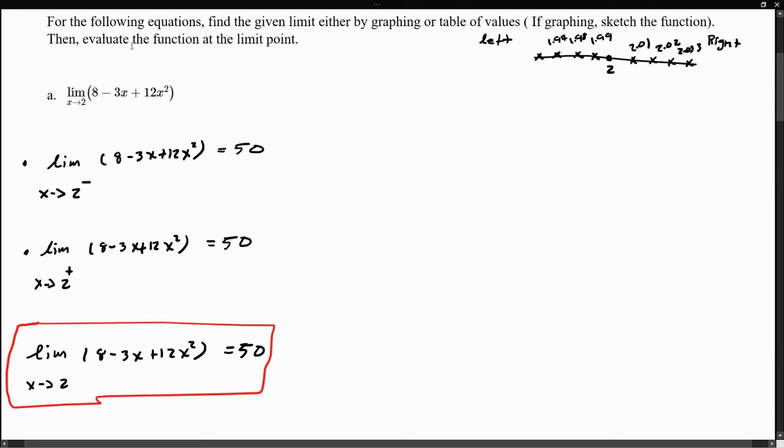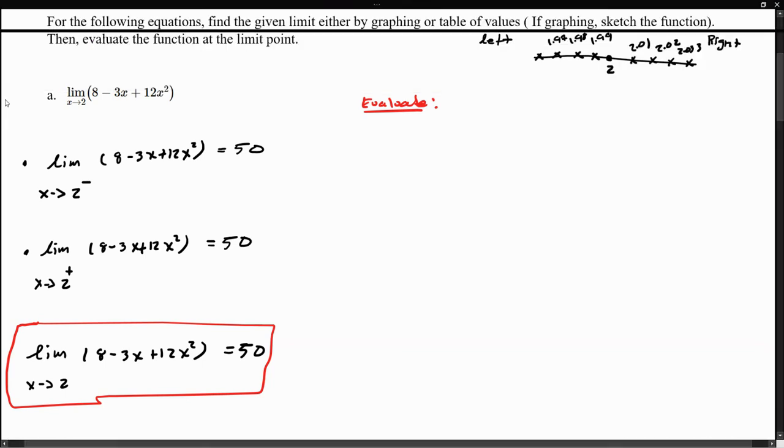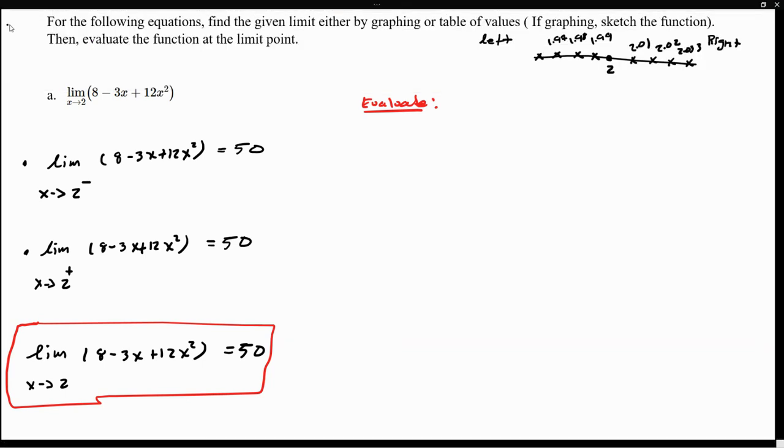So now let's evaluate this function at the value of 2. So now let's take a look at some evaluation. What would happen to this function if we evaluate it at 2? Well, let's see. So now we're going to get 8 minus 3 times 2 plus 12 times 2 to the second. So now this becomes 8 minus 6 plus 12 times 4.